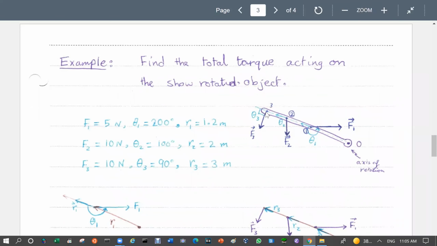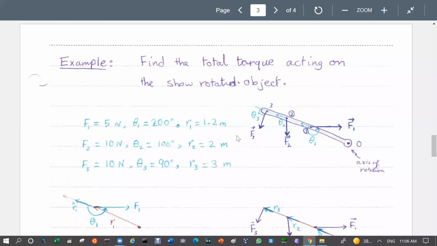Also here we have F3 with a right angle, which is 90 degrees. So the forces are 5, 10, and 10. And the thetas, which are the angles: the first angle is 200 degrees. The second angle is 100 degrees. The third angle is 90 degrees.